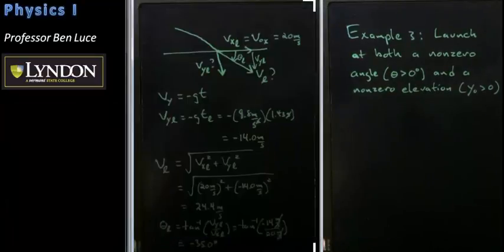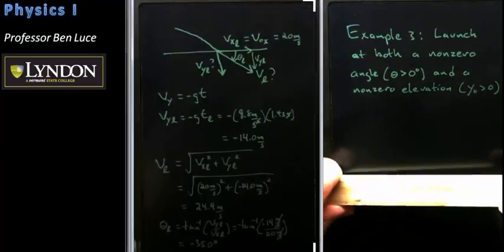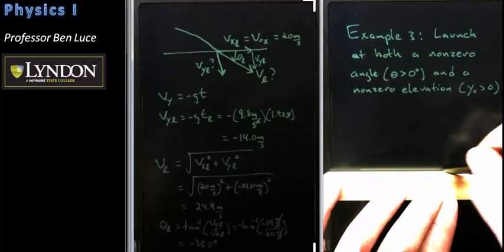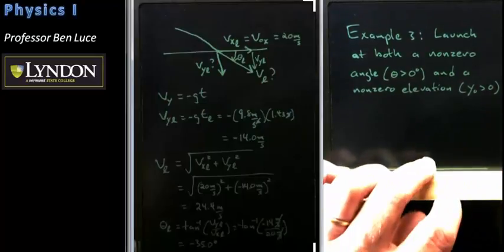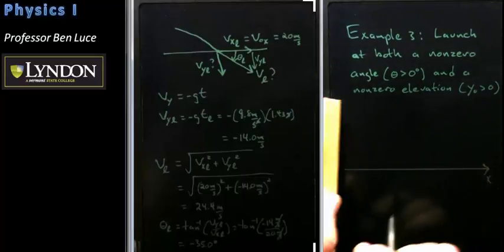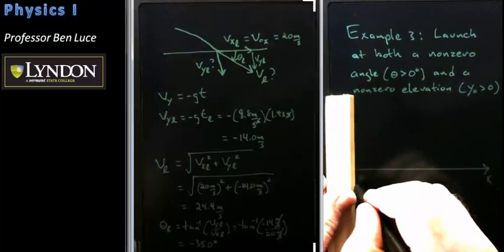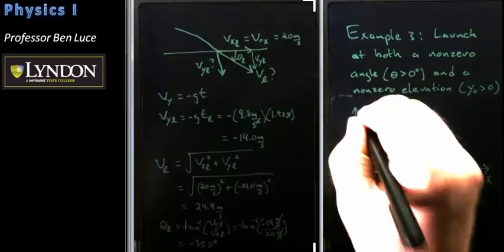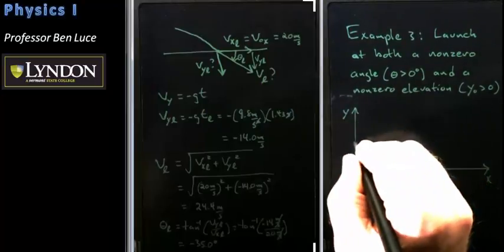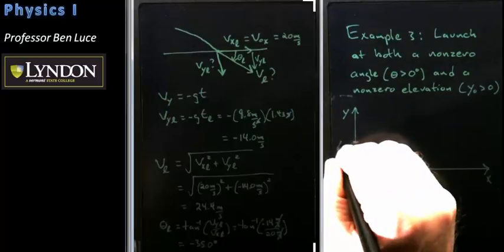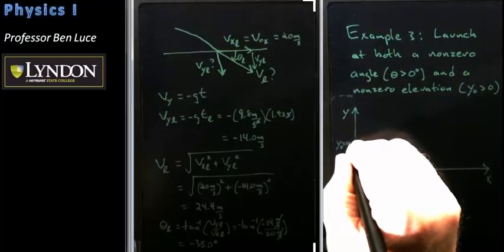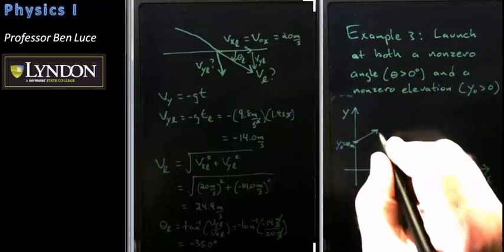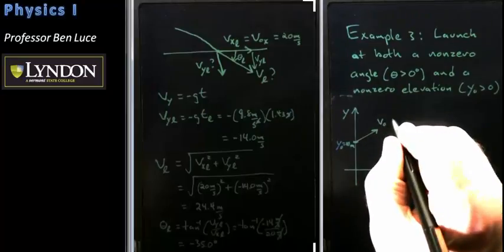Okay, so let's begin as usual by drawing our coordinate axes. And we'll label our initial height here as 10 meters, as we did before, but this time we're launching at an angle.